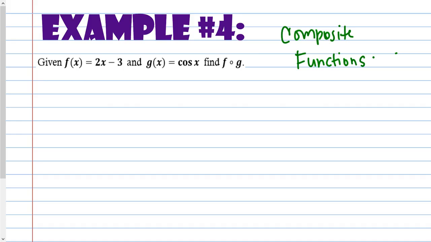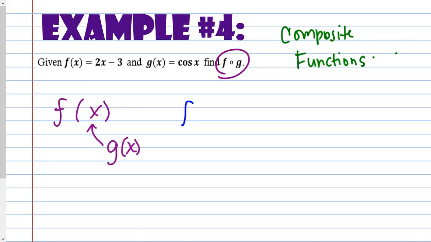So this notation right here is f of g, which means that you're going to take f of x, and then whatever that equation is, instead of plugging in x, you're going to plug in the whole entire equation of g of x. So we do need this skill, or at least we need to be able to work this skill backwards in calculus.